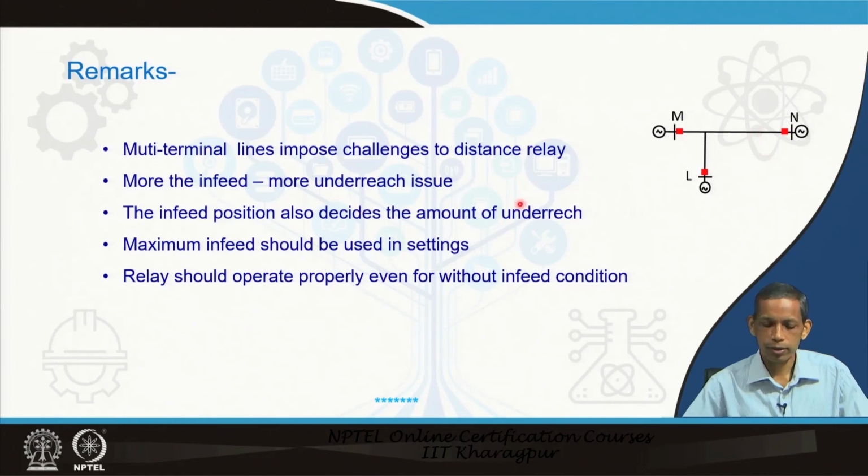More infeed, more underreach. Further, the position of this infeed is also a factor in the amount of underreach issue, particularly for zone 1. Of course, zone 2 and zone 3 also have the underreach issue. While setting the different zone 2 and zone 3, the maximum infeed should be considered, but note that at an instant infeed may not be there, and even at that time the protection scheme should function properly.